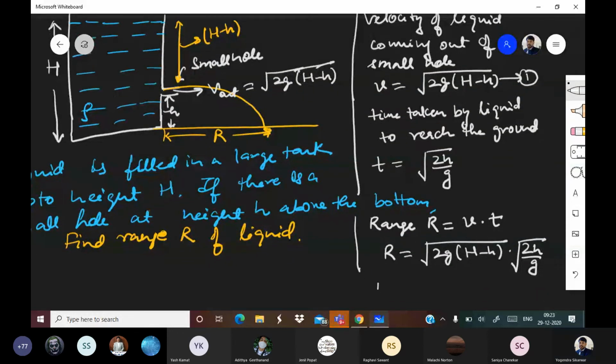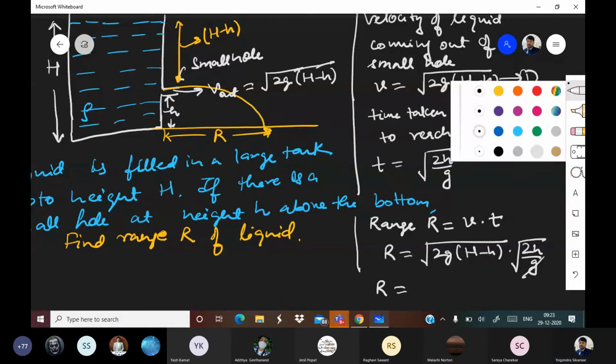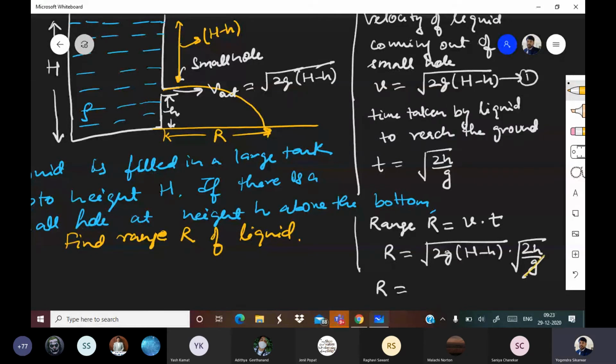This g and this g will get cancelled. So R comes out to be 2 under the root of small h into (capital H minus h). This is the value of R.